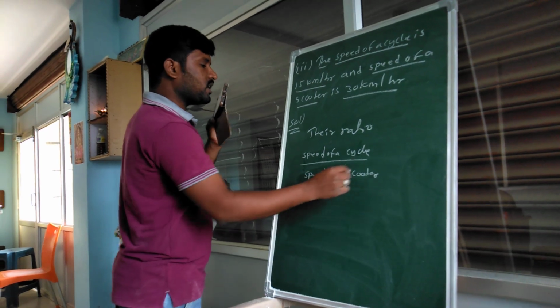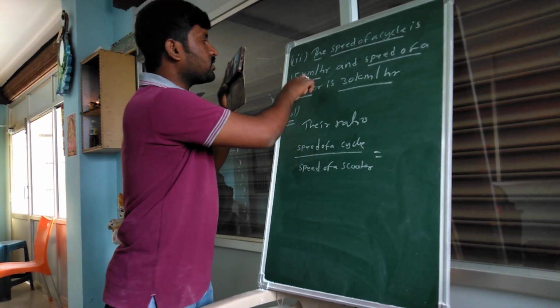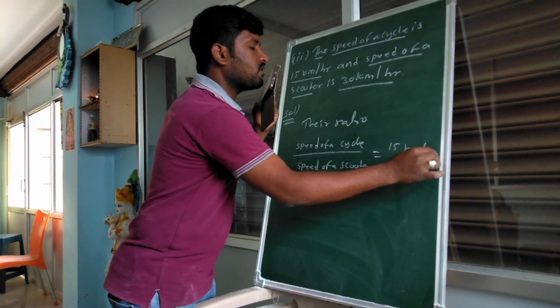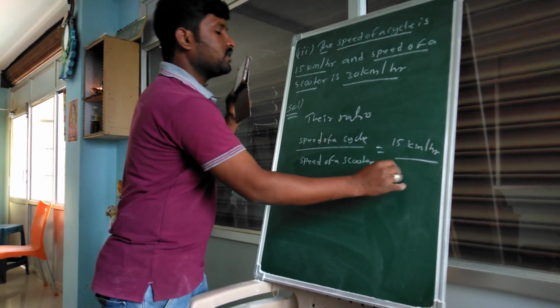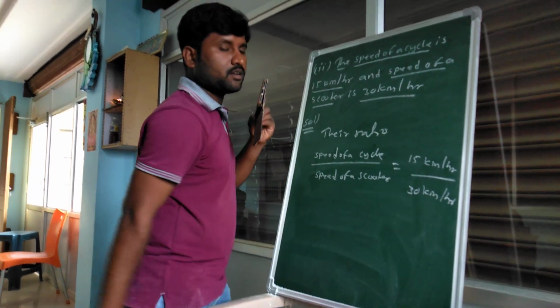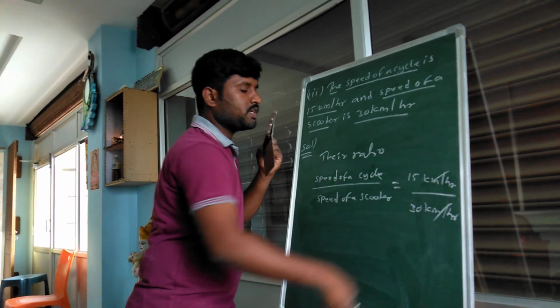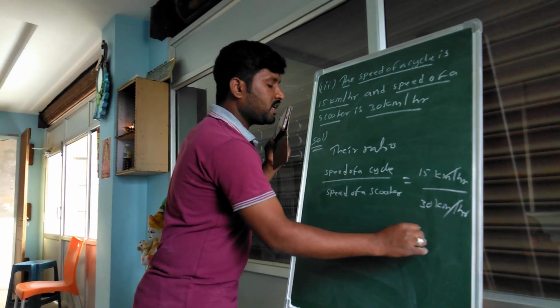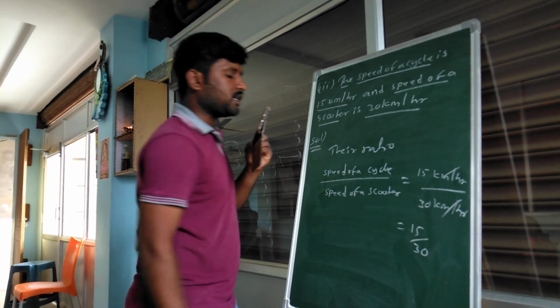Speed of a cycle is 15 km/h. Speed of a scooter is 30 km/h. So a ratio has no units, so cancelling we are getting 15 by 30.